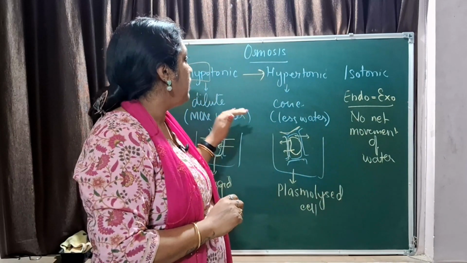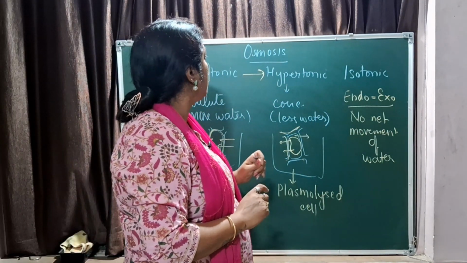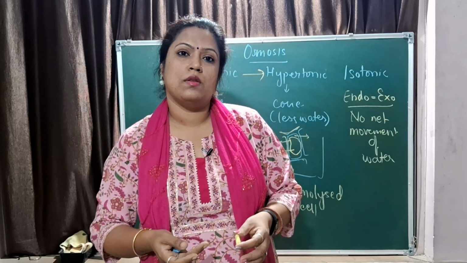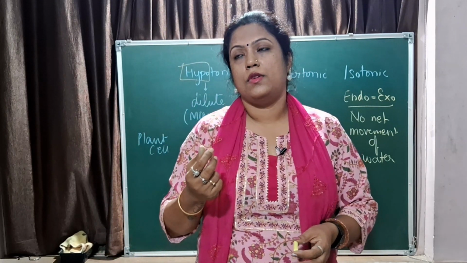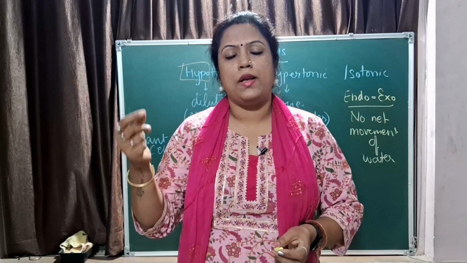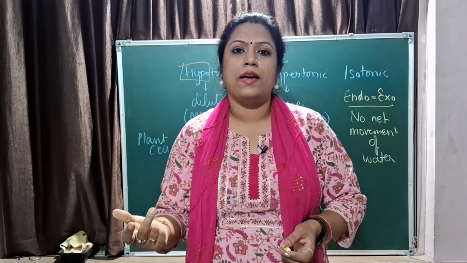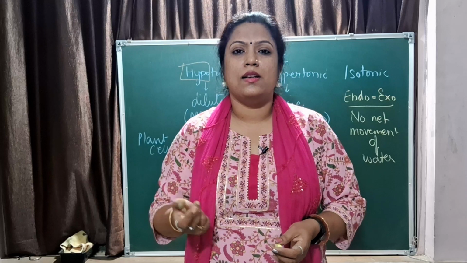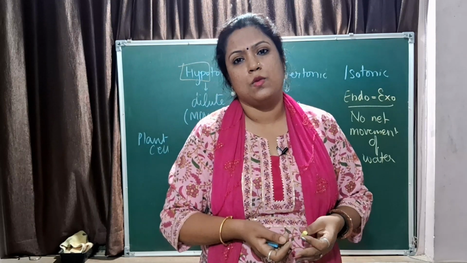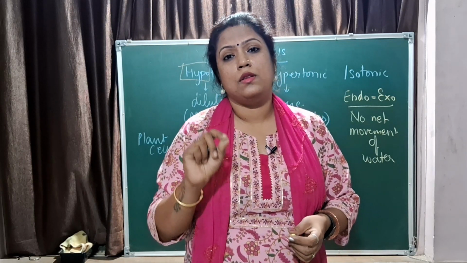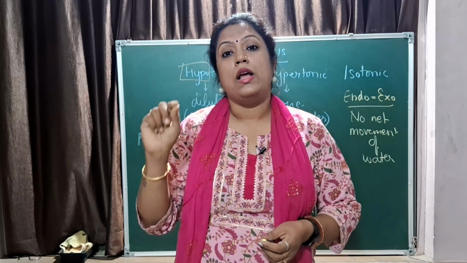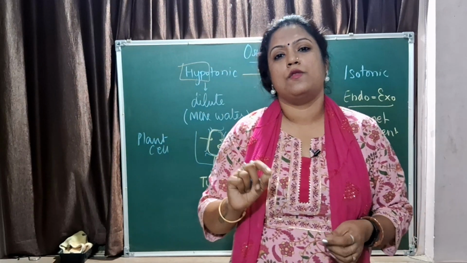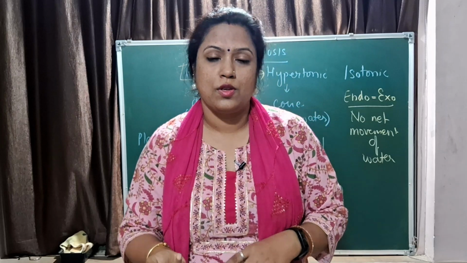In this chapter, the experiments related to absorption, that is the eosin experiment, where you place a twig in the red dye and you see which part of the plant is colored. It is xylem, because xylem conducts water. You have to remember that xylem is responsible for conduction of water and phloem is responsible for translocation of food.